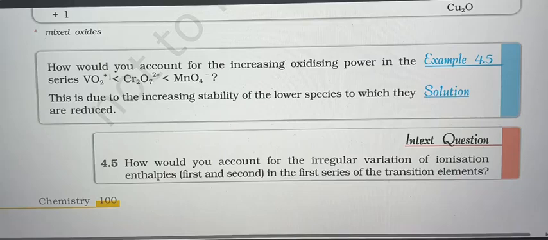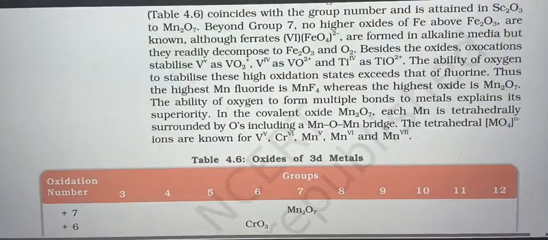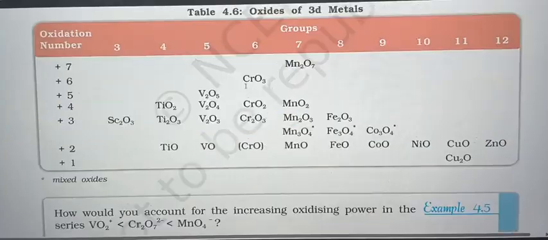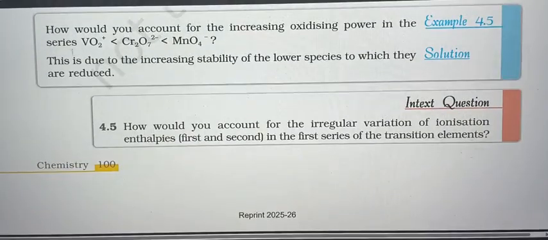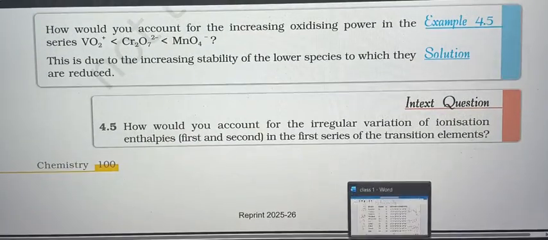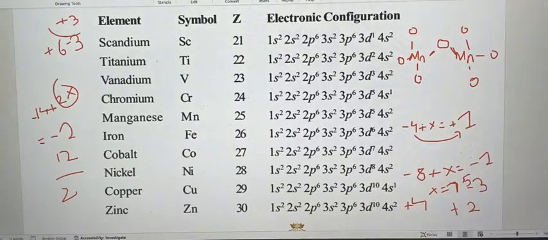And this is the least. Why is this the least? For vanadium, the oxidation state is -4 plus x equals +1, so it is 5, as we have seen over here. Vanadium is +5, meaning 2 electrons gone from here, 3 electrons gone from here, noble gas configuration is there.